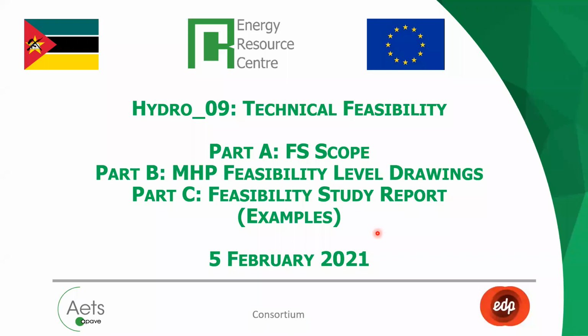So I divided today's lecture into 3 parts. One was, what is the basic scope of the feasibility study for a mini hydropower? Drawings required at the feasibility study level, and what would constitute a feasibility level study report.